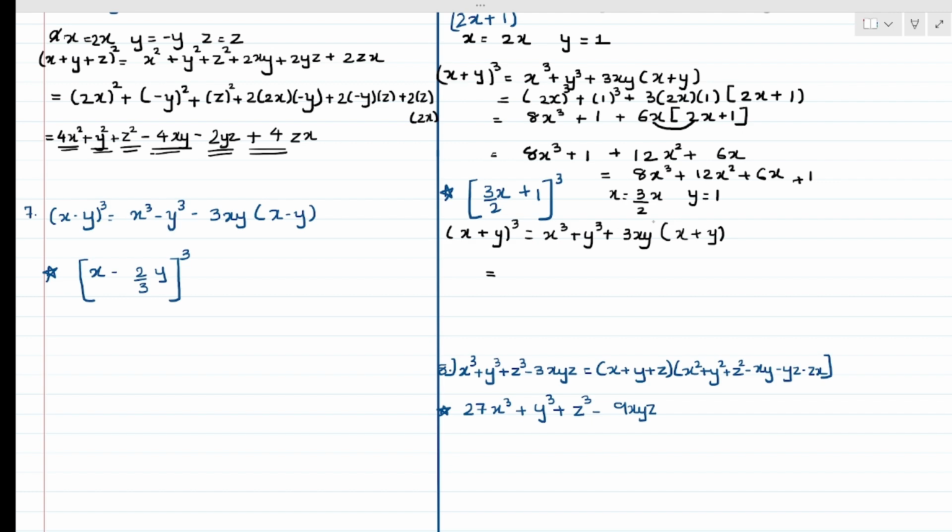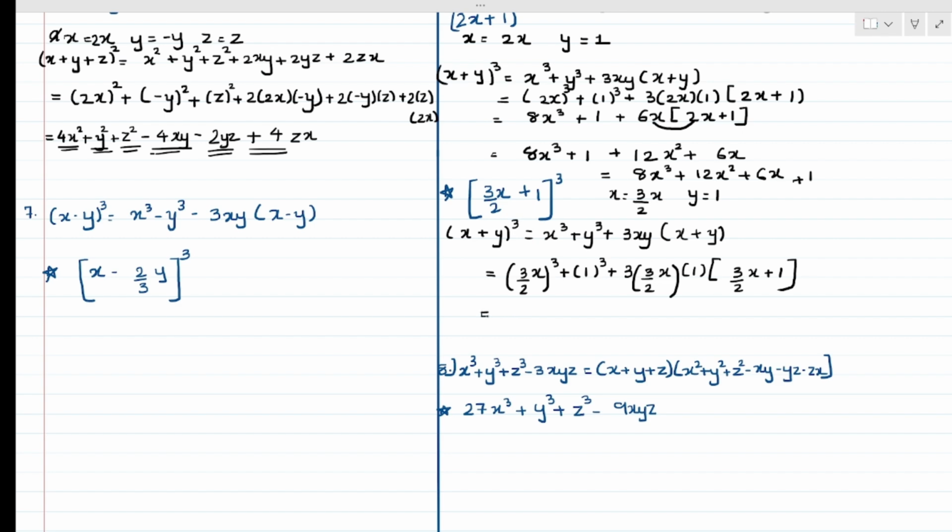Wherever I will see x, I will write 3 by 2 x the whole cube plus 1 the whole cube plus 3 times, what is my x? My x is 3 by 2 times x into 1 bracket 3 by 2x plus 1. So let's solve this. 3 times 3 times 3, that means 3 cube, 27.